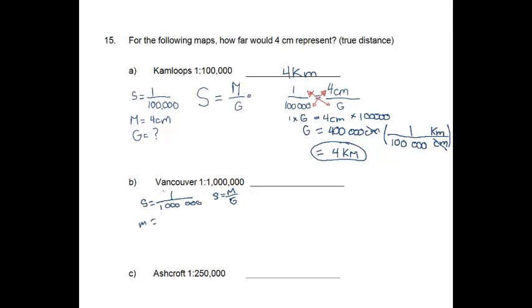Map distance is still, we look up here, still 4 centimeters, and G is what we're trying to figure out. So plug all those numbers in. S is 1 over 1 million. M is 4 centimeters, so I put that up there.